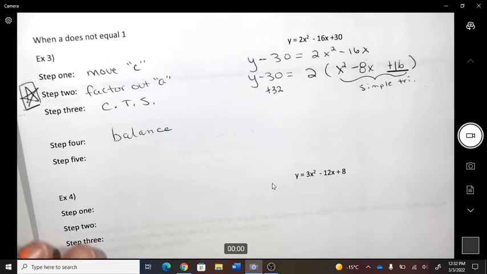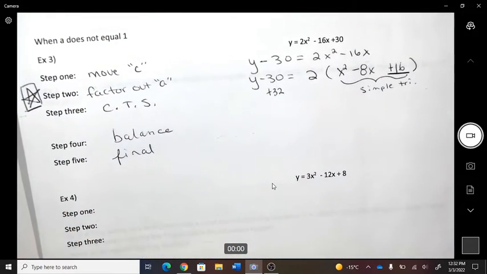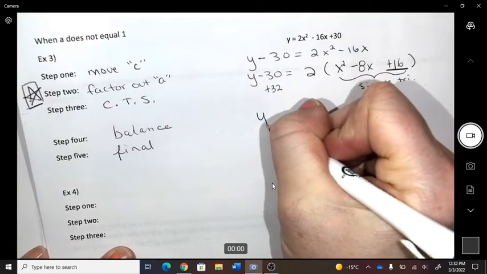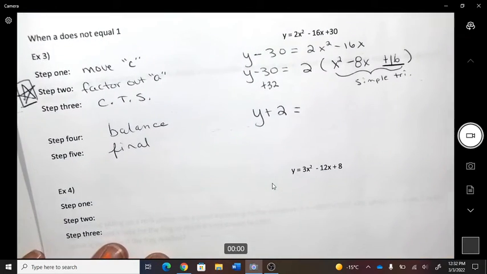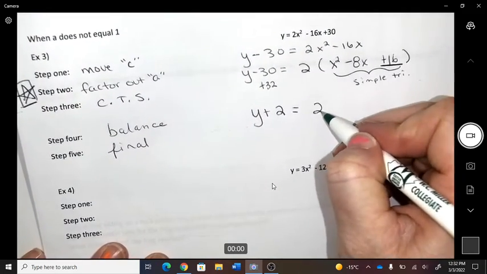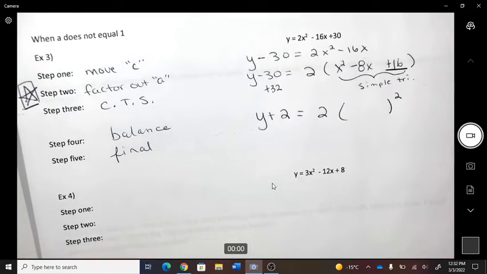Okay, step 5 is final. So I need to write it in that standard form. So y plus 2 equals 2 bracket something squared.